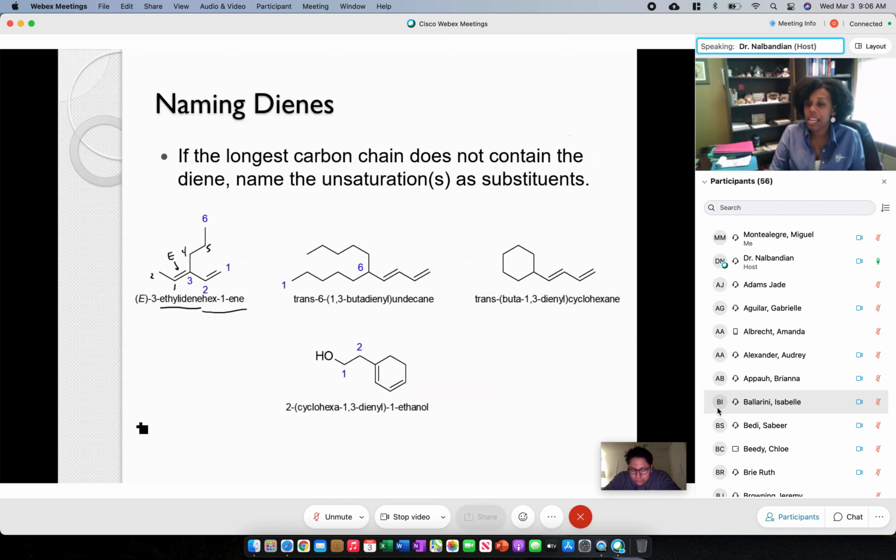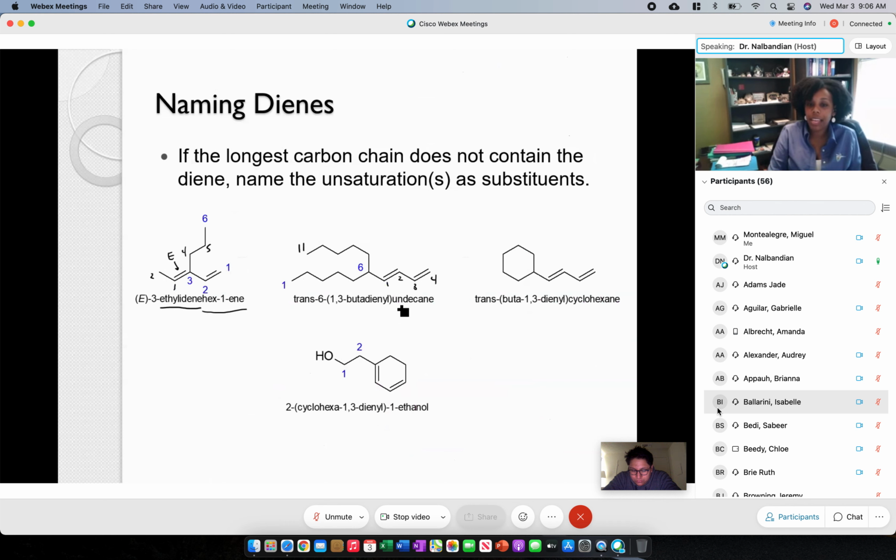Your longest carbon chain is your longest carbon chain. If it includes the diene, great. If it doesn't, so here we have an 11 carbon chain, doesn't include the diene at all. The diene is a substituent. So we have our undecane.